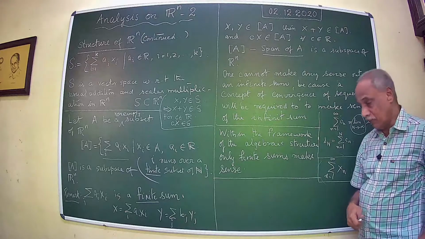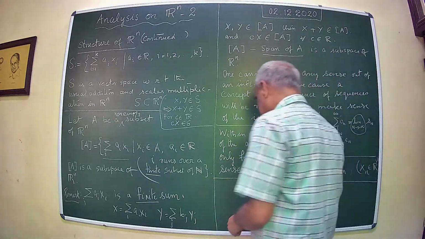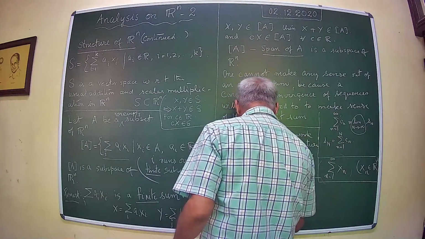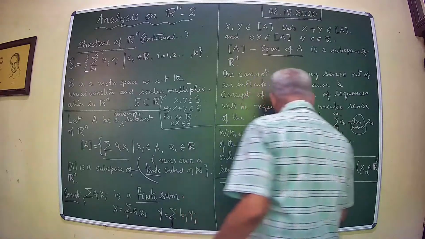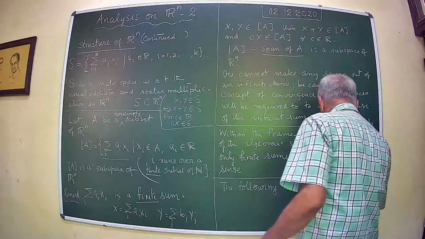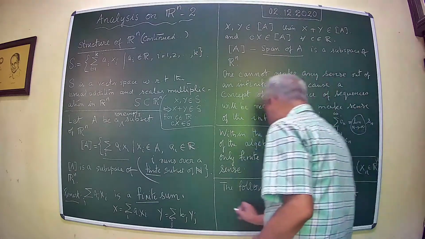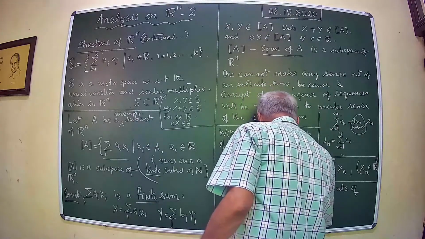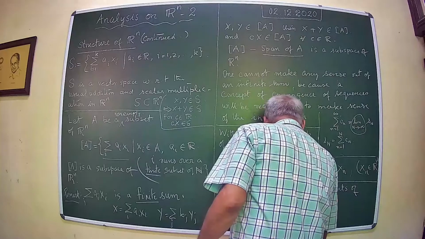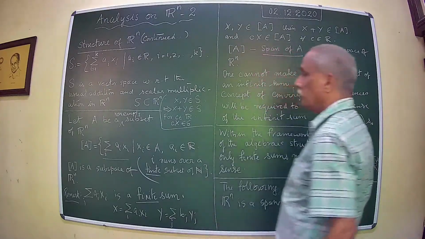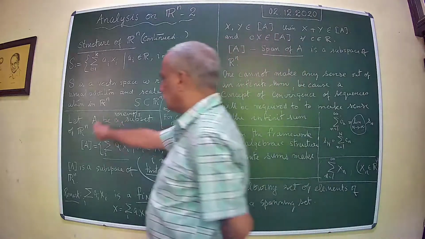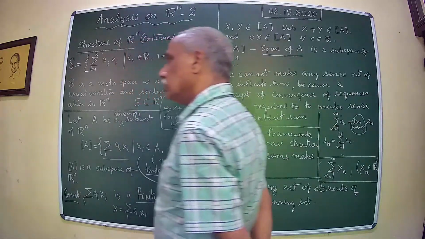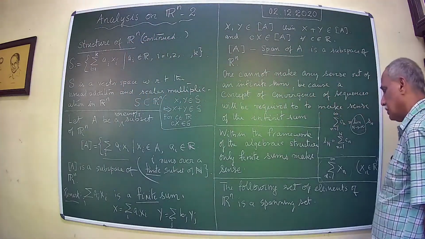And one can easily verify the following. The following set. What is a spanning set? We say A is a spanning set provided the span of A, square bracket A, is equal to the whole of R^n.